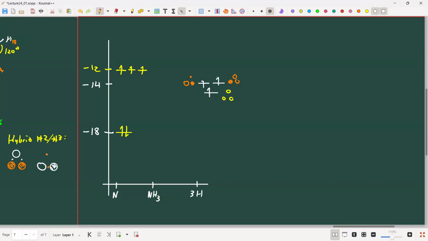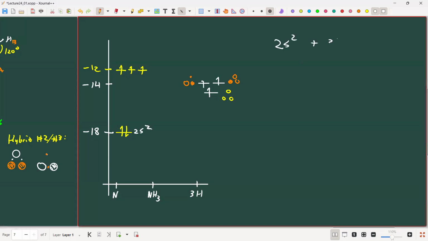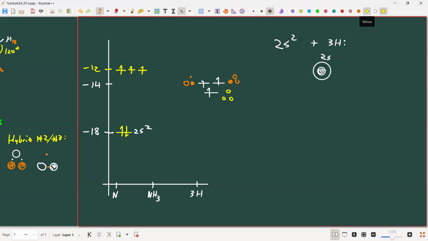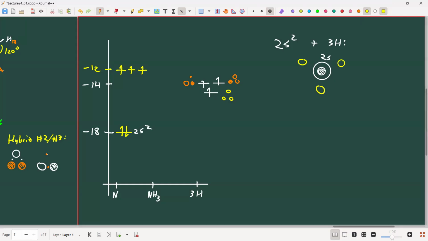Well, let's think about what the 2s looks like with these orbitals. So 2s plus 3H. We have this nitrogen in the middle. This is our 2s orbital for our nitrogen. And then we have 3 hydrogens separated at 120 degrees. And I get a combination that looks like this.